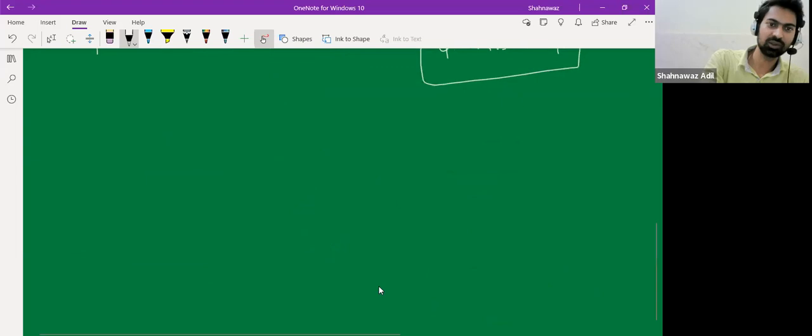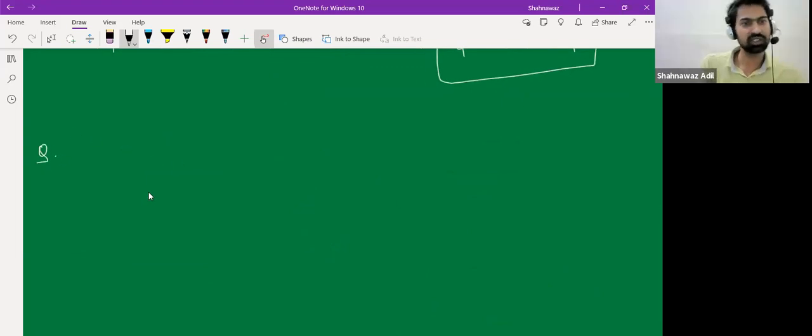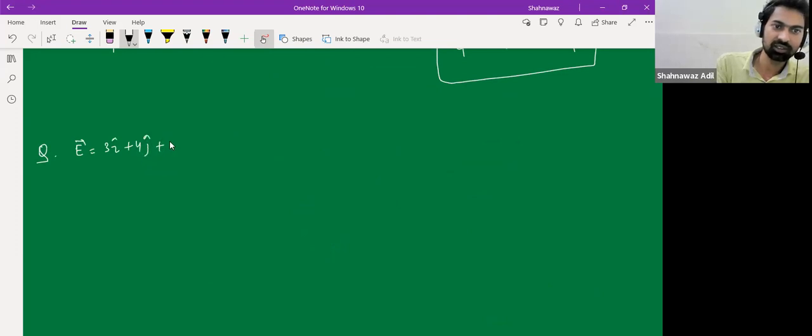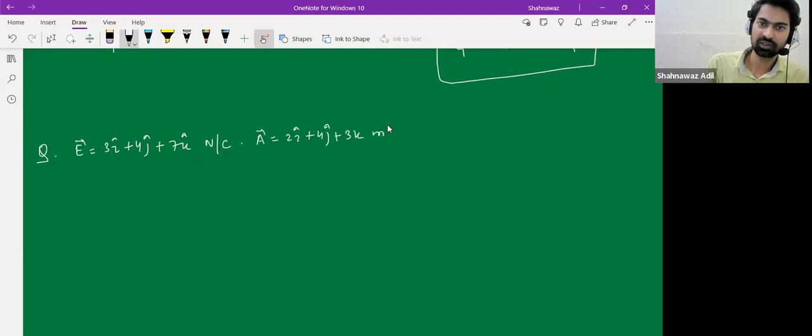Then let us calculate this question. The electric field is 3i plus 4j plus 7k Newton per coulomb, and the area is 2i plus 4j plus 3k meter square.